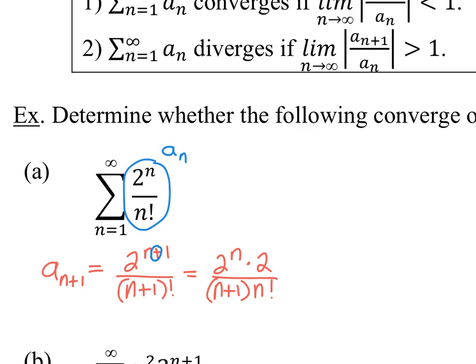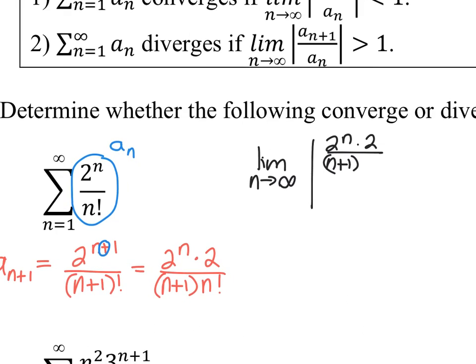All right, so I'm going to create my ratio in limit form. Two to the nth times 2 over n plus 1 times n factorial, all over 2 to the nth over n factorial.